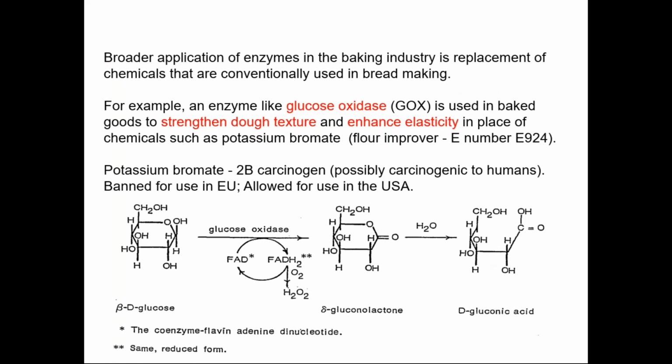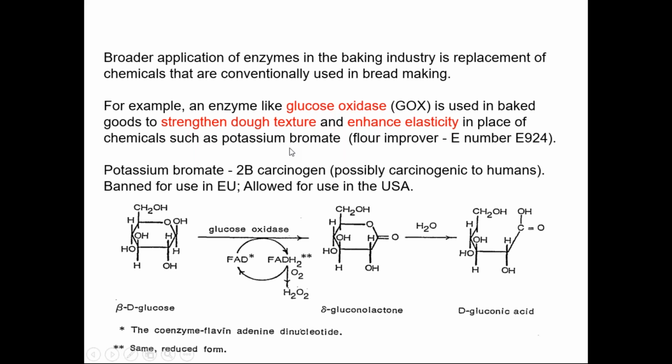So another example of an enzyme that is used in the baking industry is an enzyme called glucose oxidase. You know, potassium bromate has been banned and it cannot be used in food. Earlier, it was used in wheat flour to strengthen the dough mixture and to enhance the elasticity.